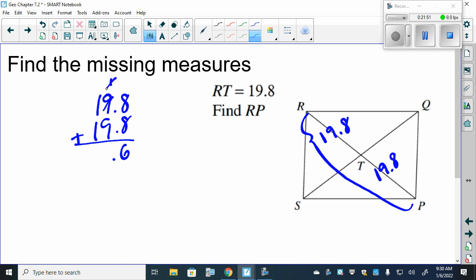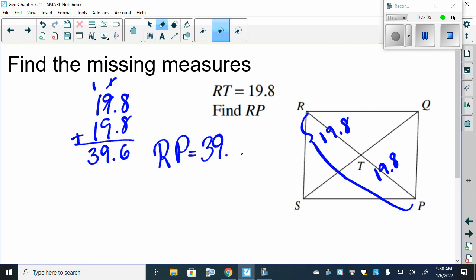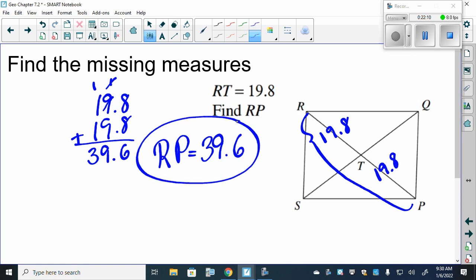Well, 9 and 1 gives us 10, leaves us with just 9, and we have 39.6. So RP is 39.6. No idea why I said 39.8. 39.6. Questions on this here?